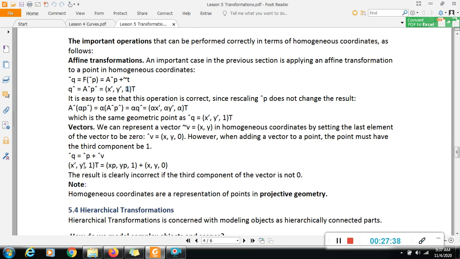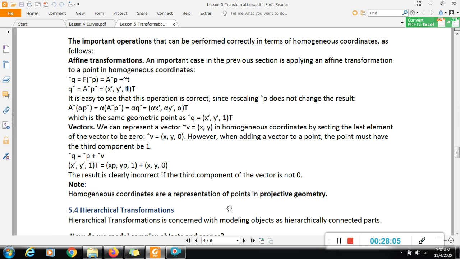So here we want to add a vector to a point, so we are applying this transformation matrix to this vector. The result is clearly incorrect if that component of the vector is not 0, so it has to be 0. In other words, you're not giving it a position, only direction.